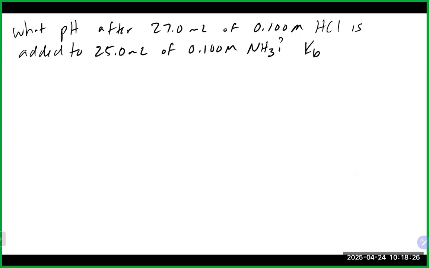The KB for NH3 is 1.8 times 10 to the minus 5. All right, give it a go, see what you come up with.